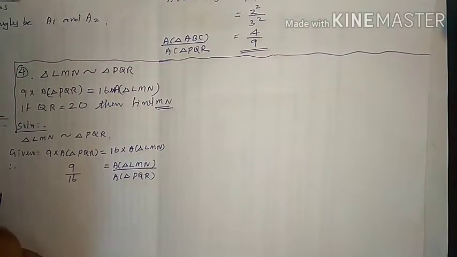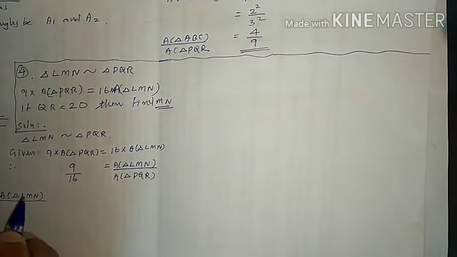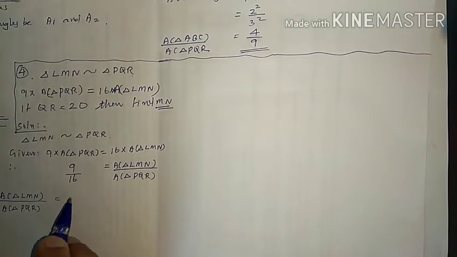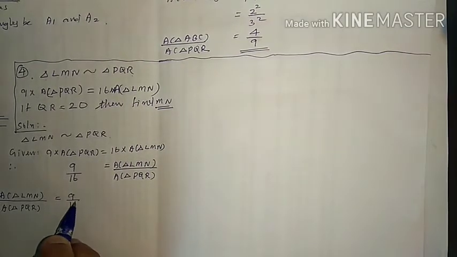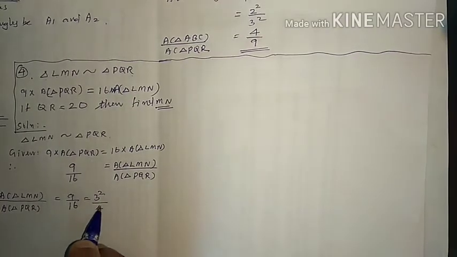Therefore, area of triangle LMN upon area of triangle PQR is equal to 9 upon 16, which is 3 square upon 4 square.